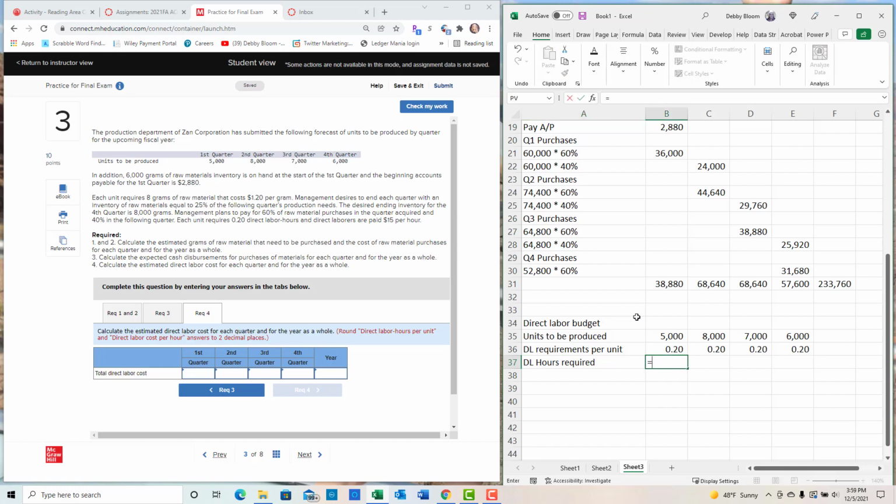So 5,000 units, each unit takes 0.2 of an hour, means that we're going to need 1,000 hours in quarter 1, 1,600 in quarter 2, 1,400 in quarter 3, 1,200 in quarter 4. Then we multiply it by the wage rate, given in the problem as $15 per hour.